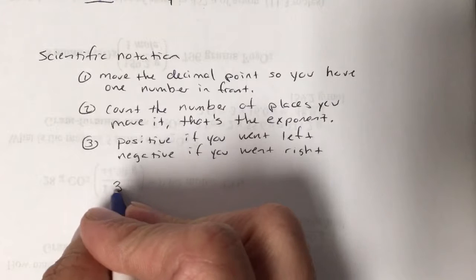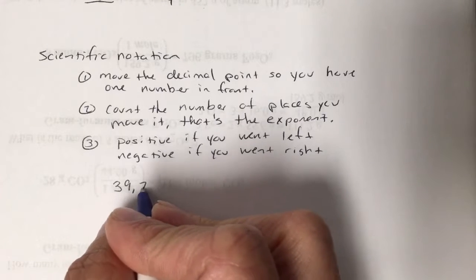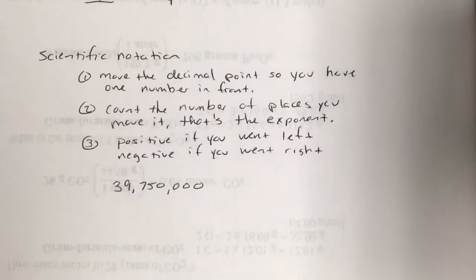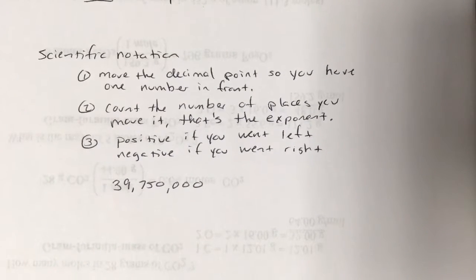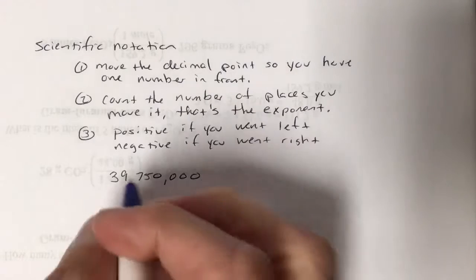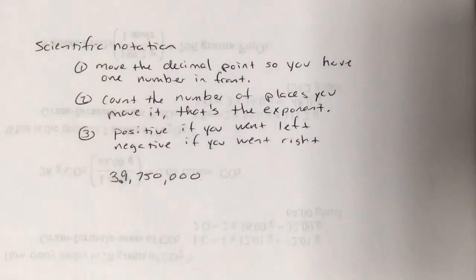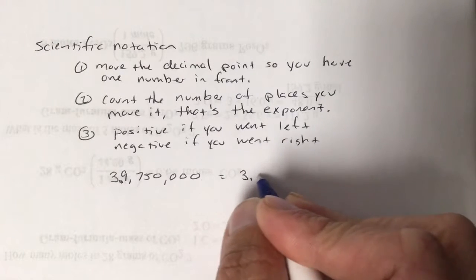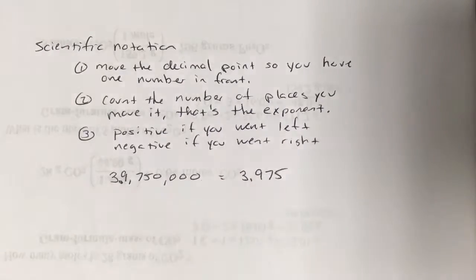So say I have the number 39,750,000. And I want to put that into scientific notation. Well, if there's no decimal point in your number, you always assume it's on the end. So I'm moving it over here so there's one number in front of it between the 3 and the 9. What I'll do is I'll write down everything except for the zeros.